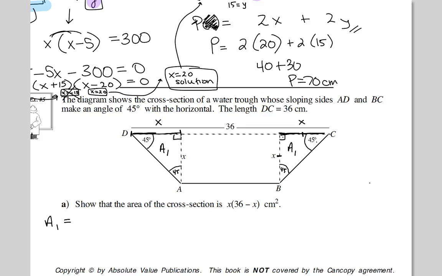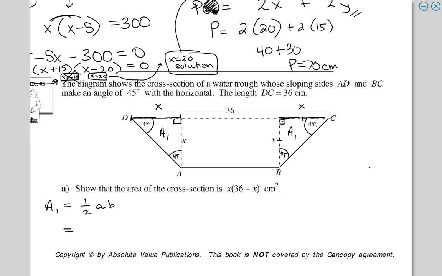What's the area of a triangle? A half AB. Base times height, or altitude times base, whatever you want to call it. So in this case, it's a half times, what's A? X, and what's B? X, right? B is X, and A is also X. So it's just a half X squared, right?